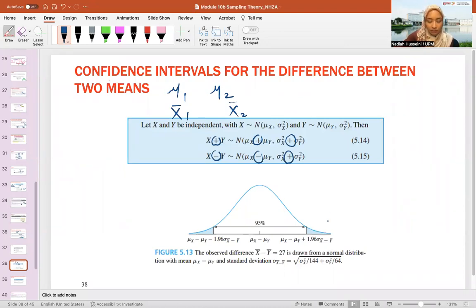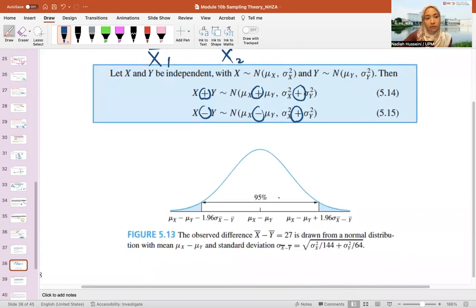So let's look at this normal distribution. The observed difference of sample mean X minus sample mean Y is equal to 27, drawn from a normal distribution with mean of mu X minus mu Y, and the standard deviation is this guy squared plus this guy squared. So if you're trying to find the standard deviation, you have to square the whole thing.